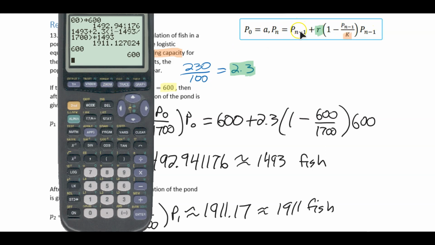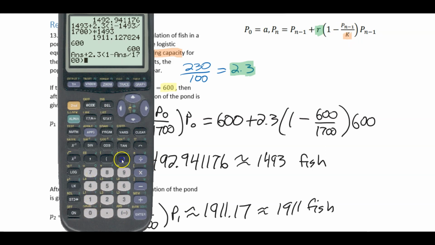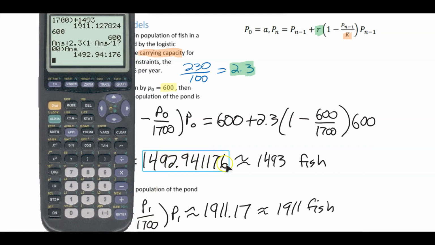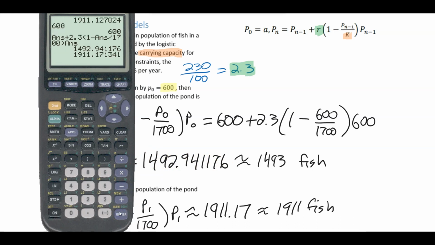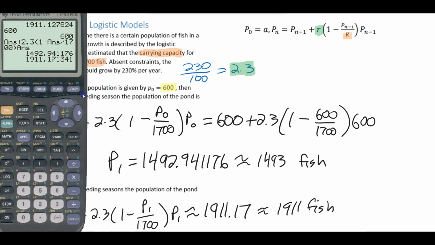So this would be answer button plus r, which is 2.3, parenthesis, 1 minus answer button, divided by the k, which is 1700, parenthesis, and answer button. If I hit enter, we'll see our first value. That's after 1 year. If I hit enter again, we'll see our second value. That's after 2 years.